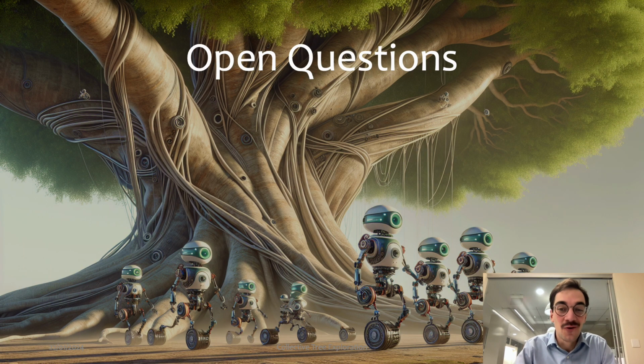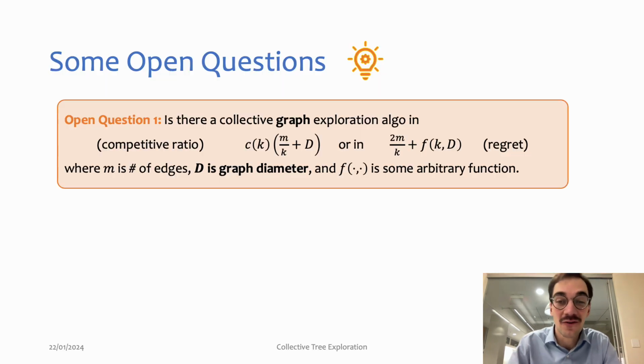So I'll leave you with a few open questions that I believe are interesting. The first is actually not about trees, but about graphs. It is unknown whether there exist collective graph exploration algorithms that are competitive, either in the sense of competitive ratio or in the sense of regret.